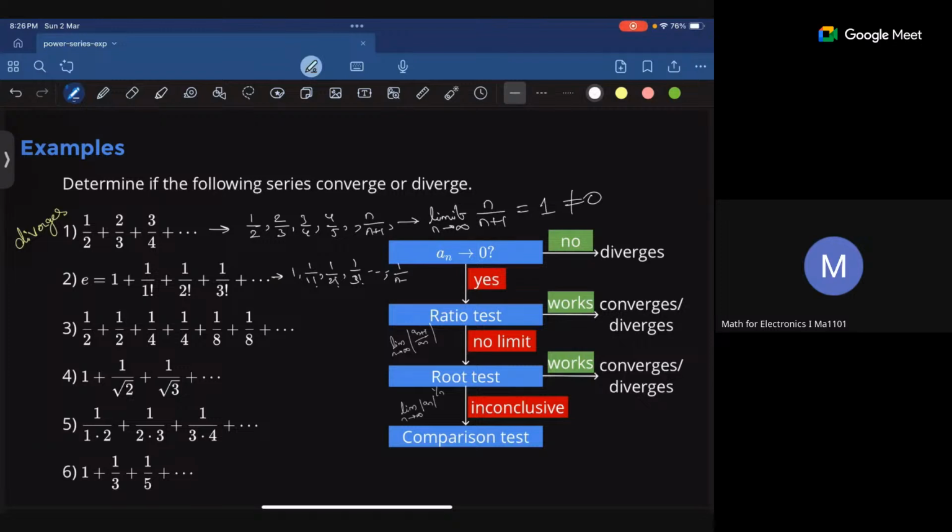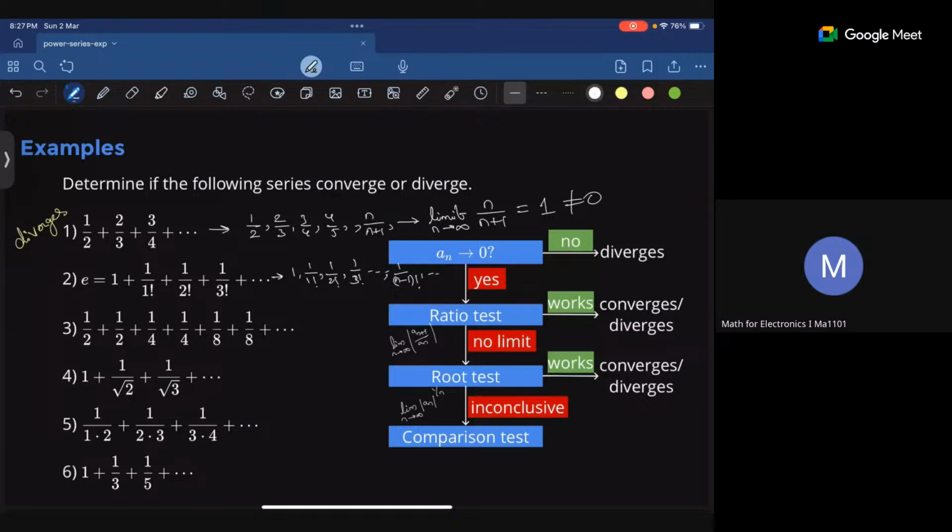The nth term will be 1/(n minus 1) factorial, right? So as n tends to infinity, what happens to 1/(n minus 1) factorial? So n grows in the denominator, and the denominator will go to infinity. So 1 by infinity will be 0. So the sequence limit is tending to 0.